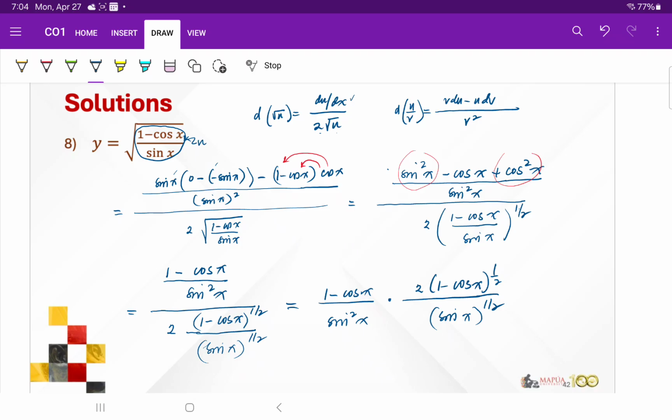Alright, so the 2 must be, hold on, this goes with the numerator, right? So it's upside down.